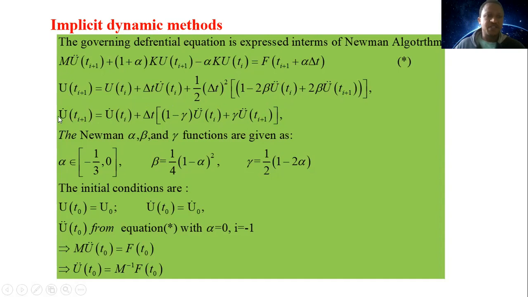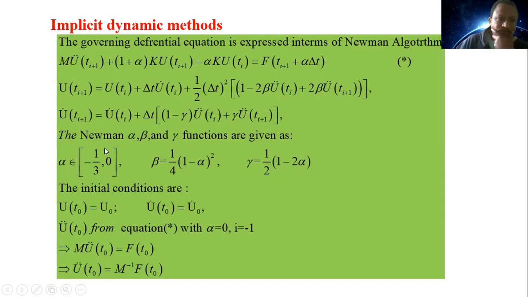And the velocity is expressed for time t_{i+1} as u dot of t_i plus delta t times (1 plus gamma) u dot dot t_i plus gamma u dot dot t_{i+1}.